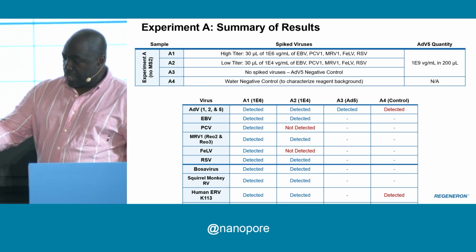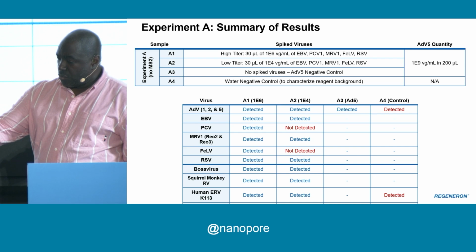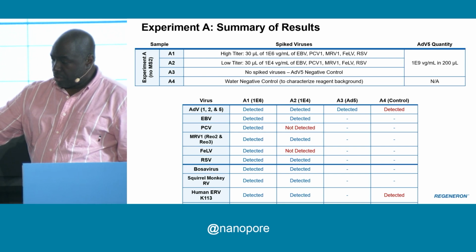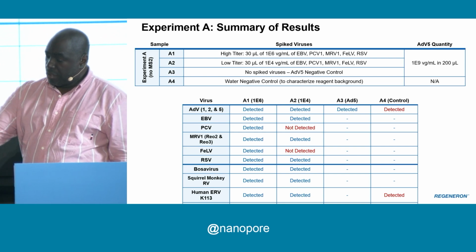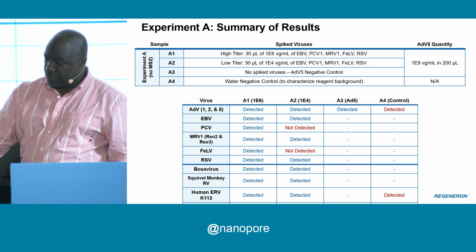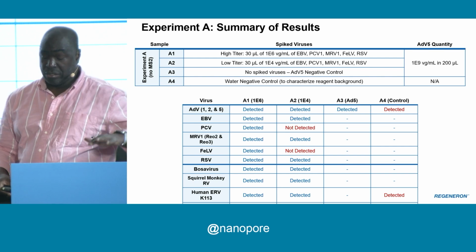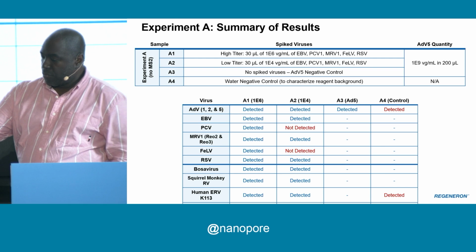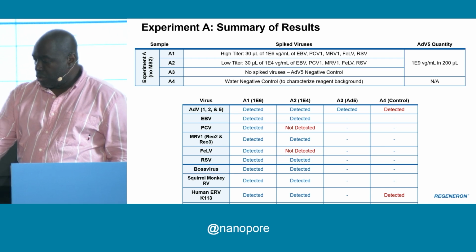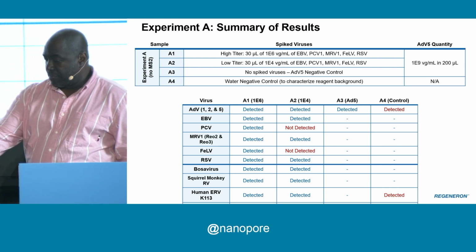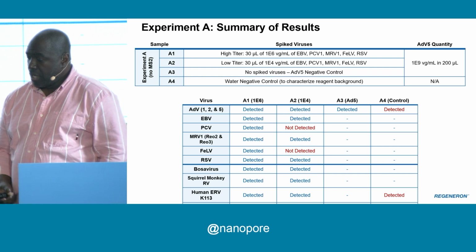As you can see here, when we go with the lower spike level at 1E4, the first one being 1E6 for all the viruses in a background of 1E9 of adeno, we start losing some viruses like PCV and FLV.